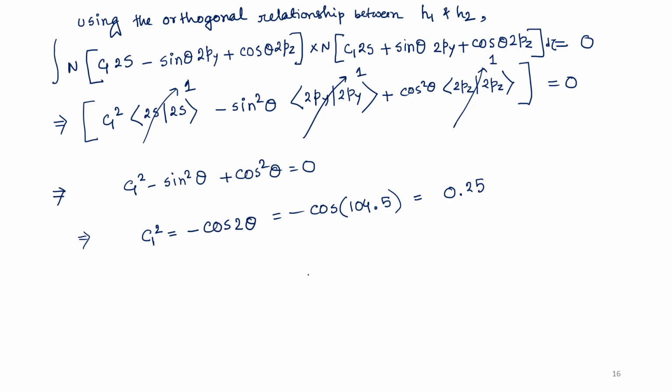Your C1 could be the square root of this, which is plus or minus 0.50. So that is one thing. What about C2 and C3?